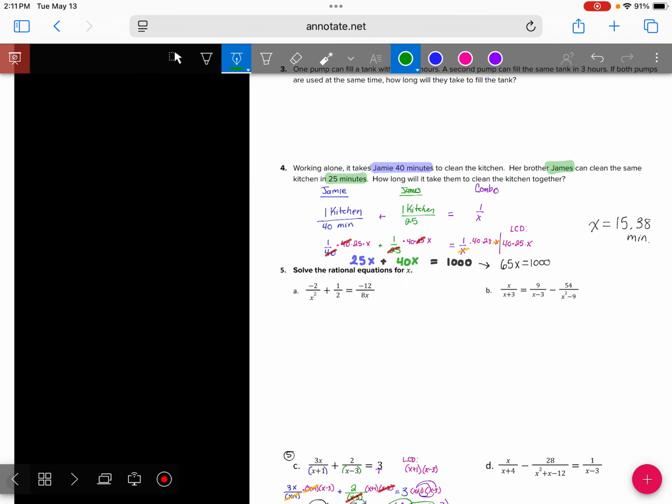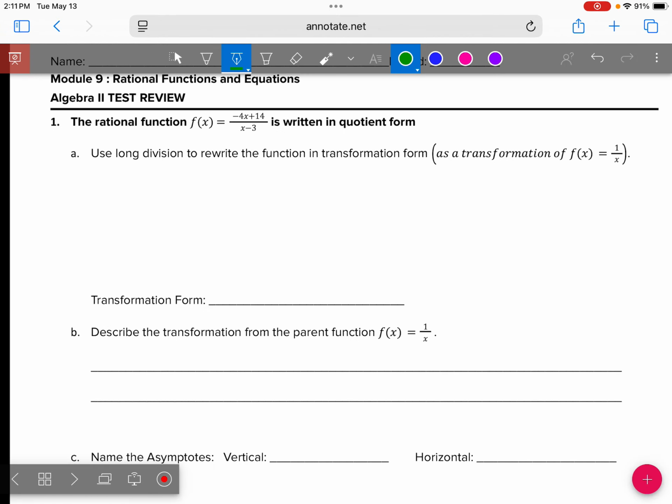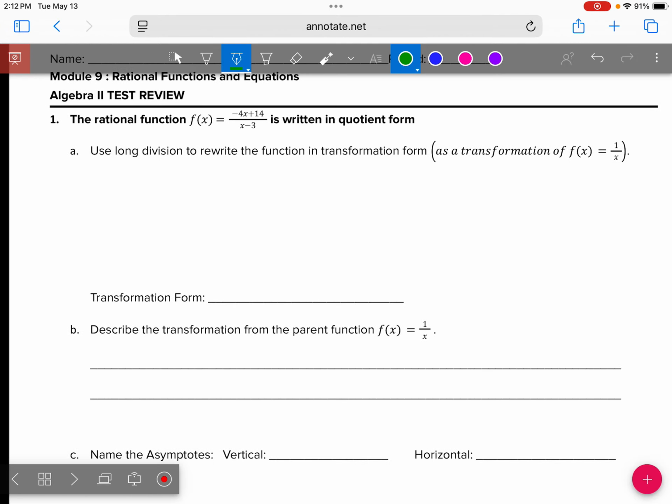Is it A, H, or K, that -4? That's K. Yeah, this was a vertical. X goes with H, X is the vertical. Y goes with K, it's your horizontal.